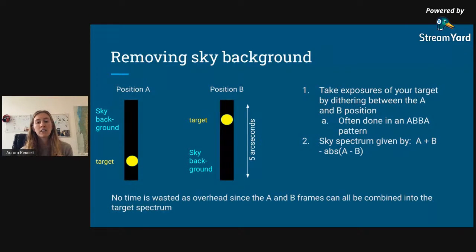And so this is done in almost all near infrared observations. Even for imaging, for low resolution spectra, you'd always do dithering observations. So for example, if you're preparing for observations for the James Webb Space Telescope, you usually have to choose a dithering pattern for that as well in order to try to get rid of some of this sky background.